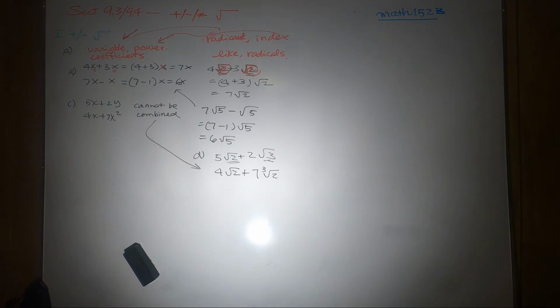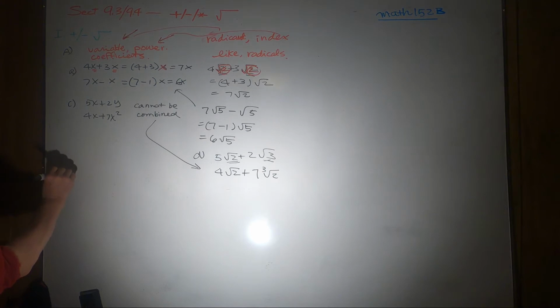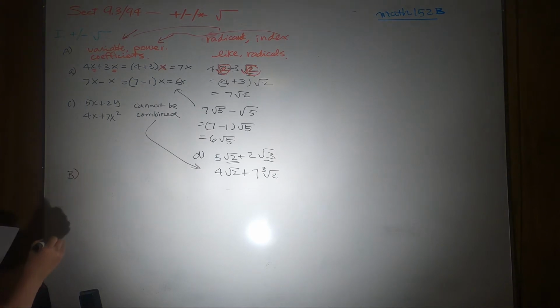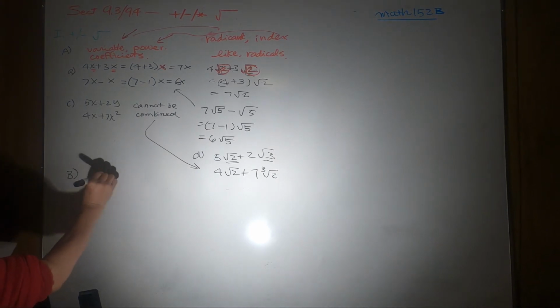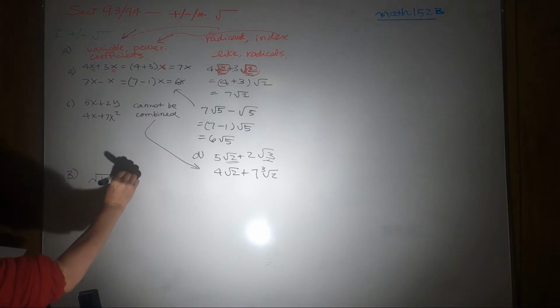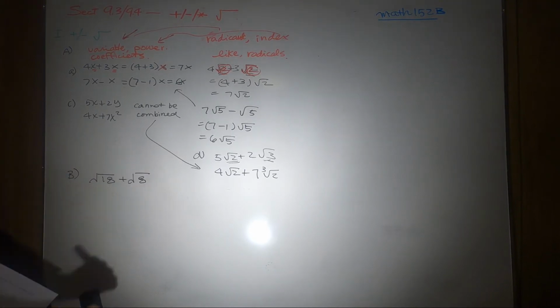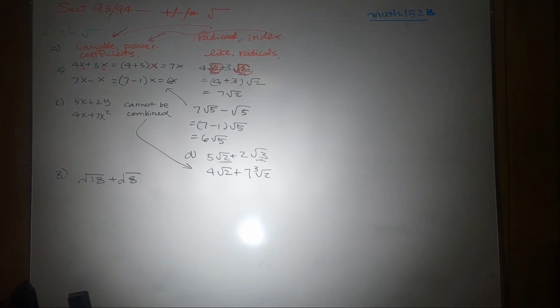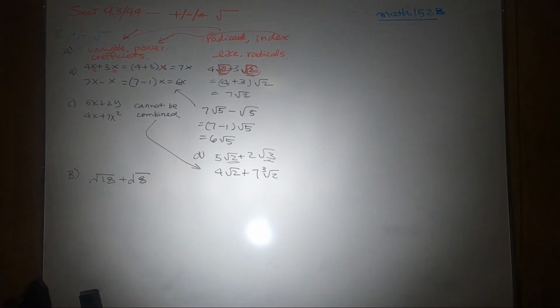So we operate under those situations. If they are like terms, then we simplify them and add or subtract, right? Let's take a look at some examples. If we have square root of 18 plus square root of 8, do we have like terms? Not really.